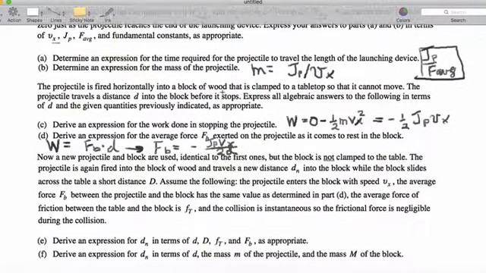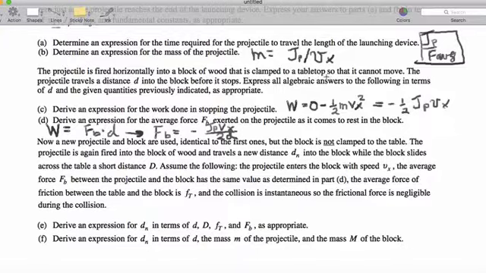Excellent. Now, let's be clear on what values we have and what we don't have.